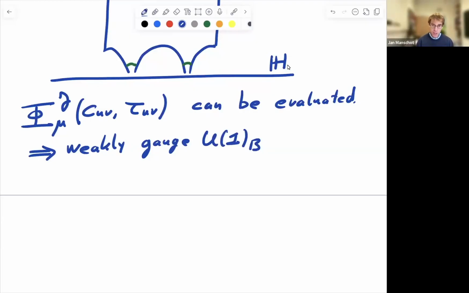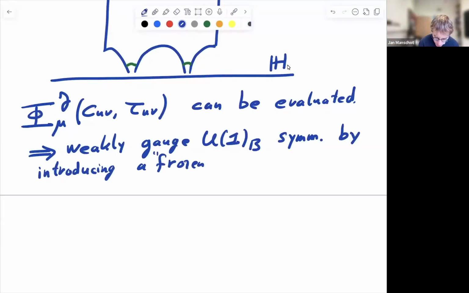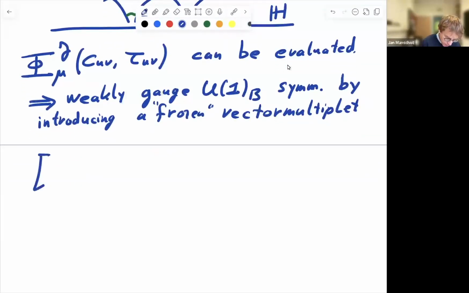We call it here the flavor symmetry or baryon symmetry, by introducing a so-called frozen vector multiplet, such that the field strength of this vector multiplet, F_B over 2 pi, is equal to C UV.